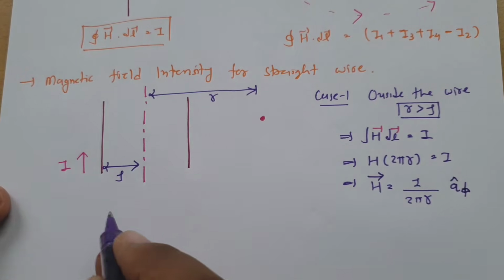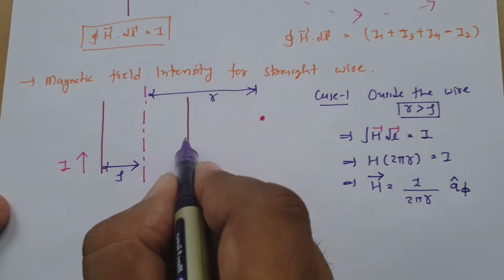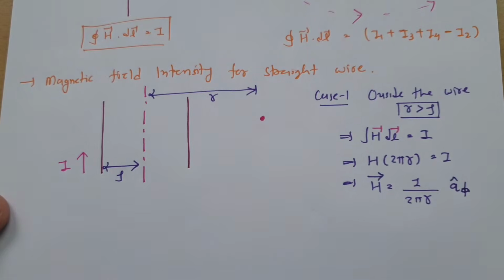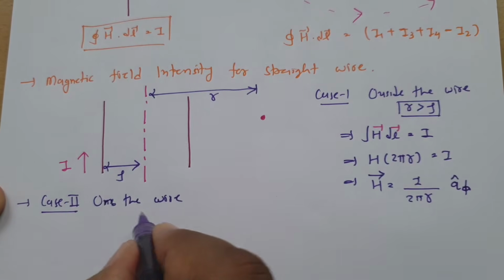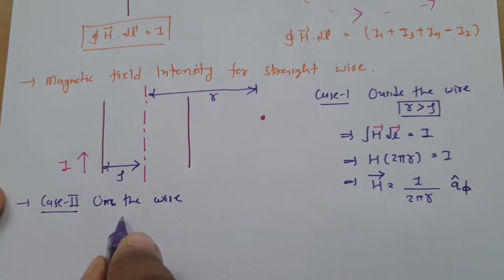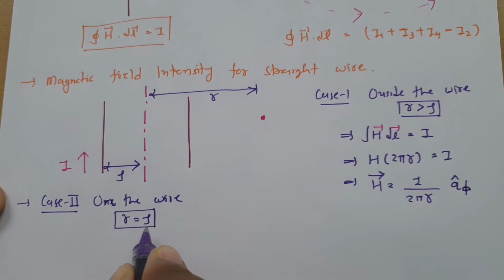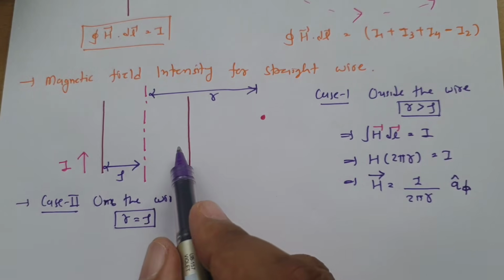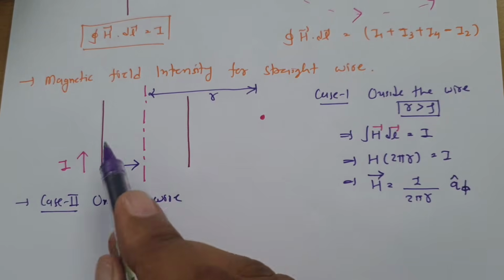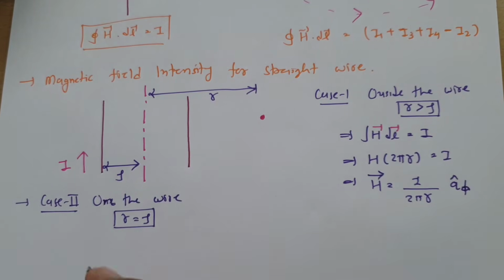For the second case, on the surface, we are dealing with calculating the magnetic field. So let us say case 2. For on the wire, we can say r is equal to rho. In this case, the magnetic field will happen due to the total current which is passing through this wire, right?